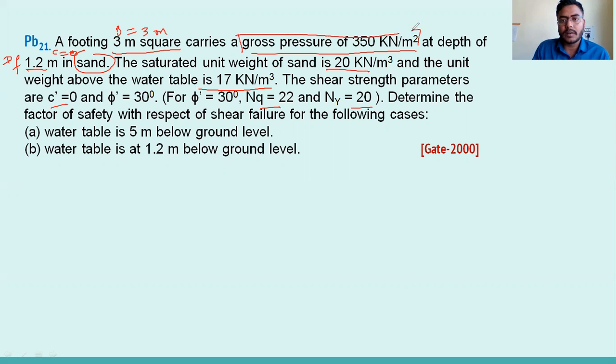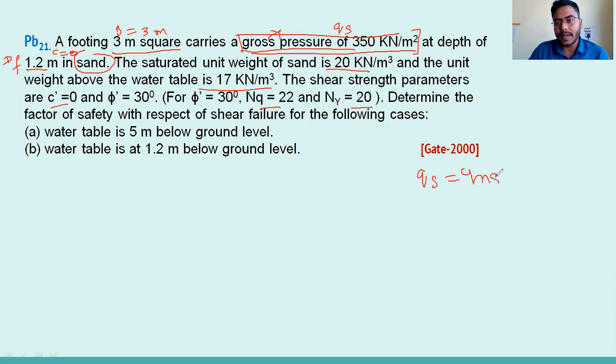Gross pressure of 350. What is the meaning of this? It means a footing with sides 3 meter by 3 meter can carry a gross pressure of 350 kilonewton per meter square. It means QS is given. And what is QS?